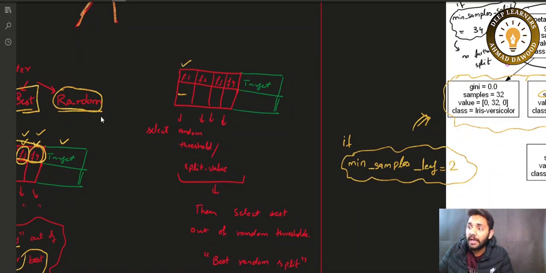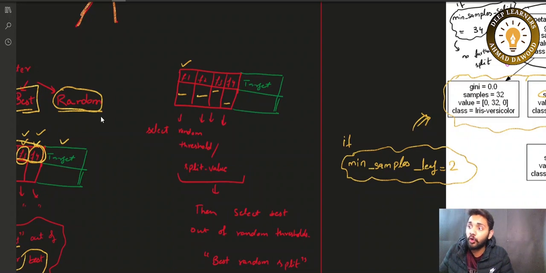Okay. And calculate the Gini impurity for that. And then it will select a random split value between mean and max of F2, and calculate the Gini impurity. Then it will select between mean and max of F3, randomly select a value, a threshold, and calculate the Gini impurity. And then the same for the F4 case.